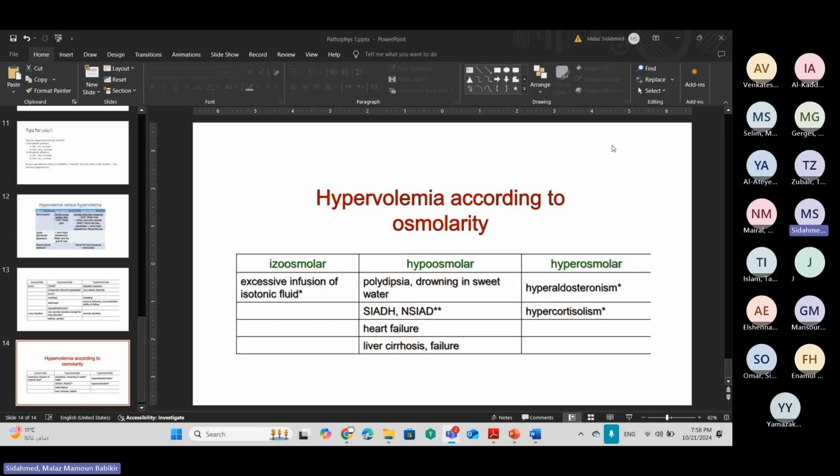I wanted to ask, does anyone, okay, Nilay explained this, but can anyone re-explain why hyperaldosteronism and hypercortisolism cause hyperosmolar hypervolemia? You can turn on your mic. Why is it not isoosmotic hypervolemia?